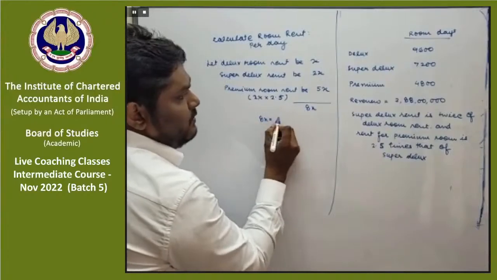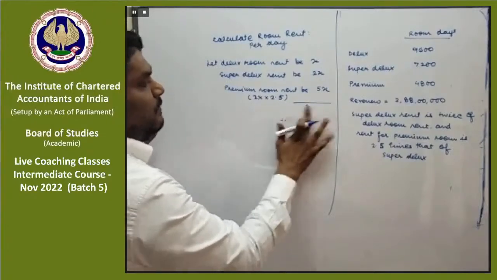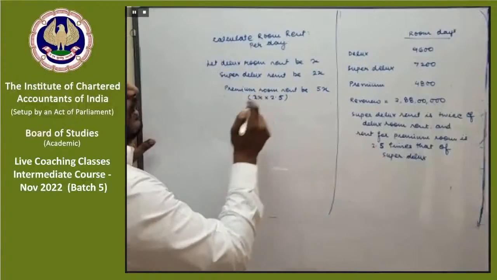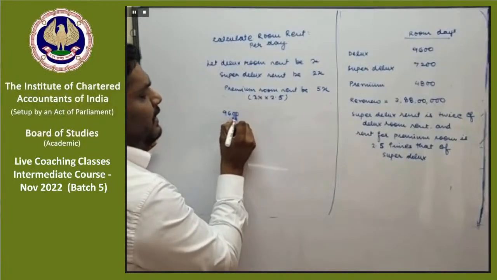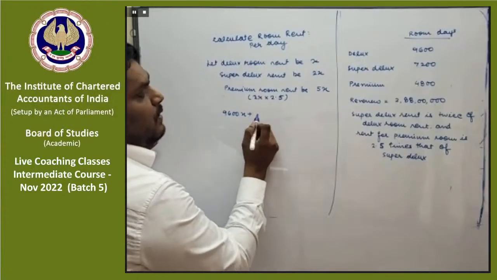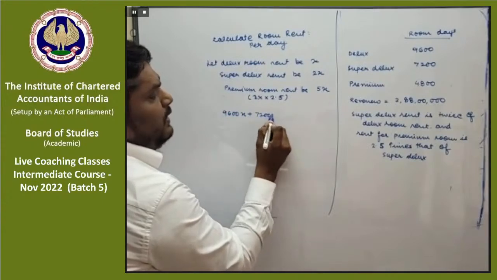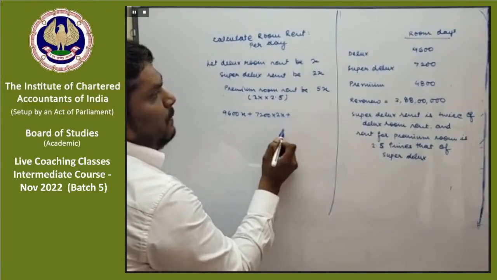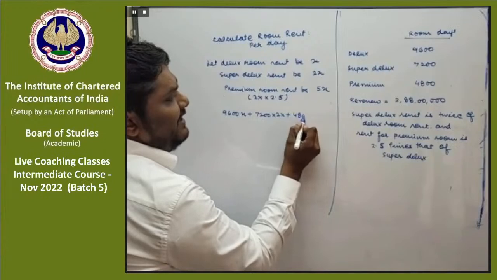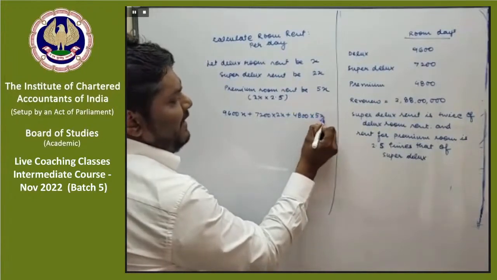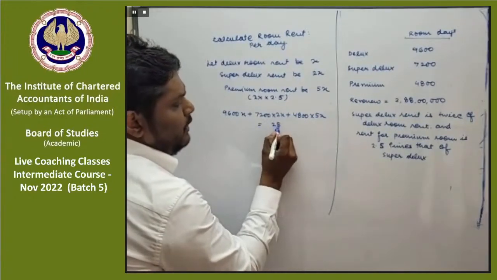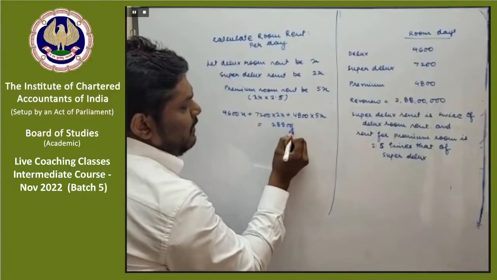Now 9,600 into x plus 7,200 into 2x plus 4,800 into 5x should be equal to 2 crore 88 lakh.